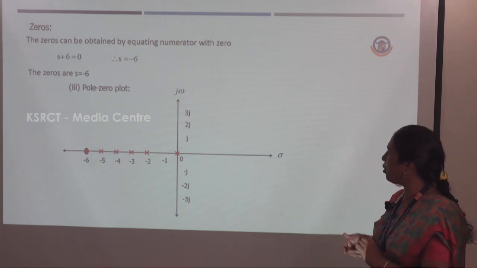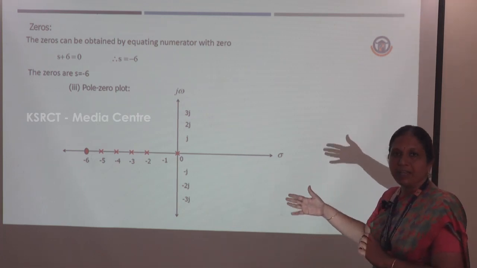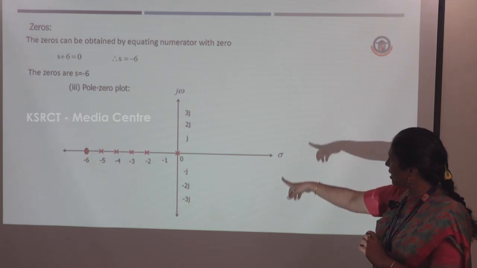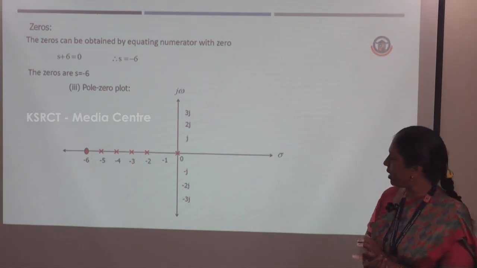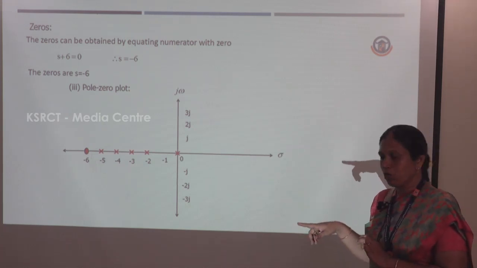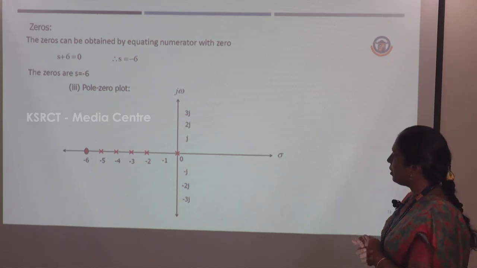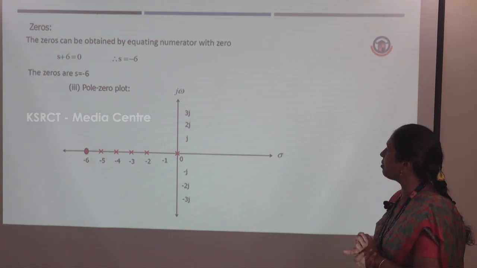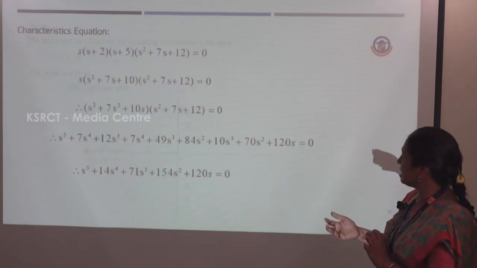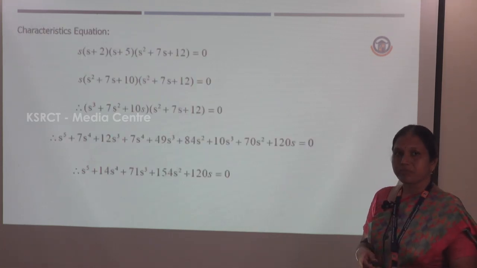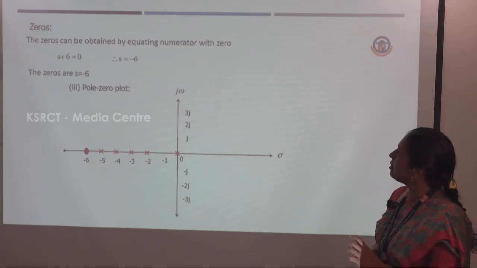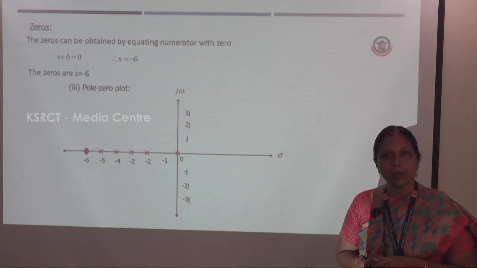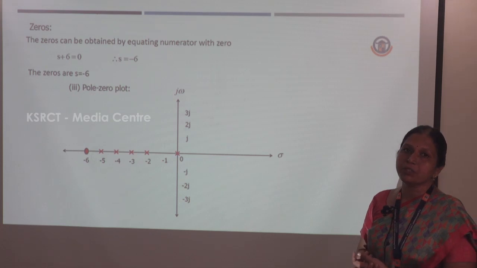So here we can plot the S plane, x axis sigma and y axis, imaginary axis j omega. Poles are represented by cross marks, and we can mark the poles 0, minus 2, minus 3, minus 4 and minus 5. Next is zeros. Zeros can be obtained by equating the numerator polynomial to 0.